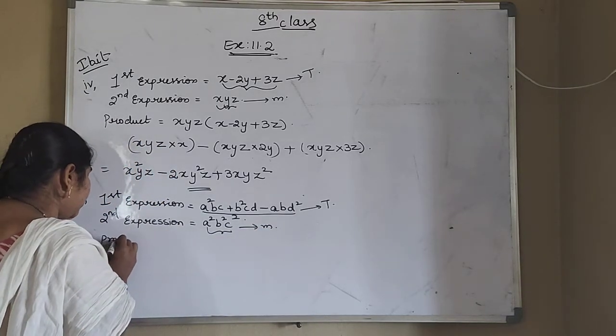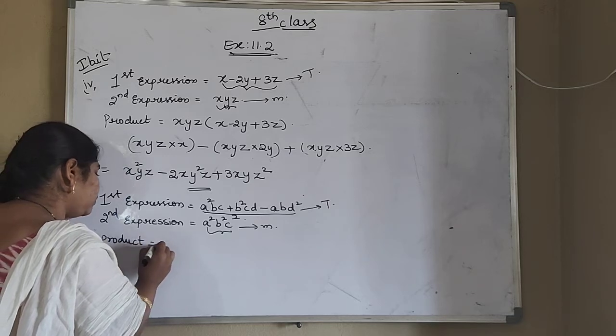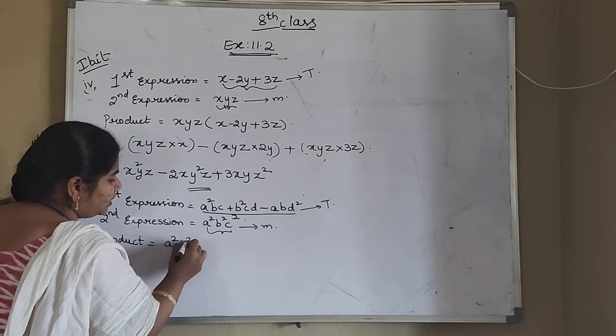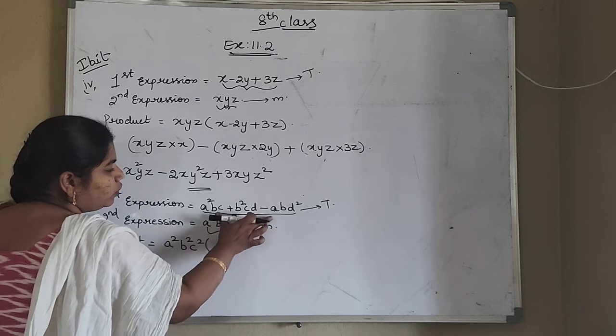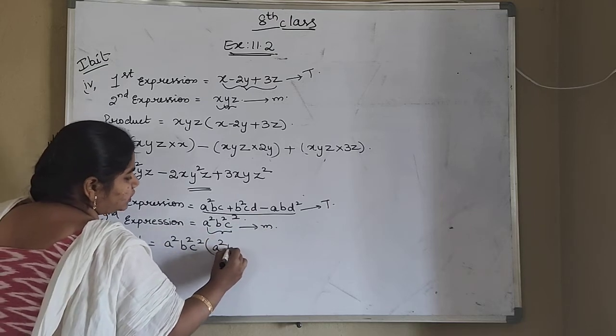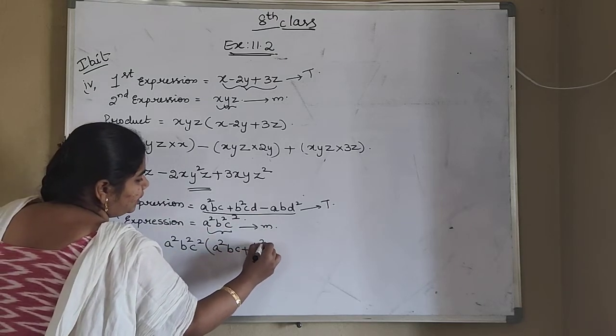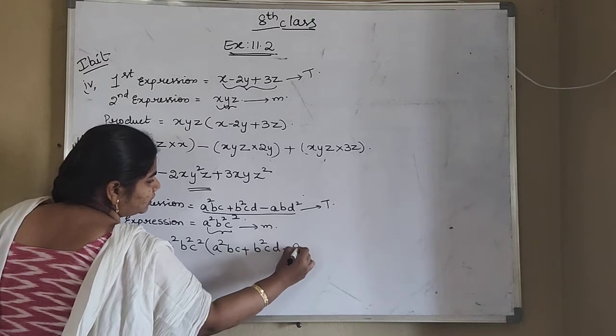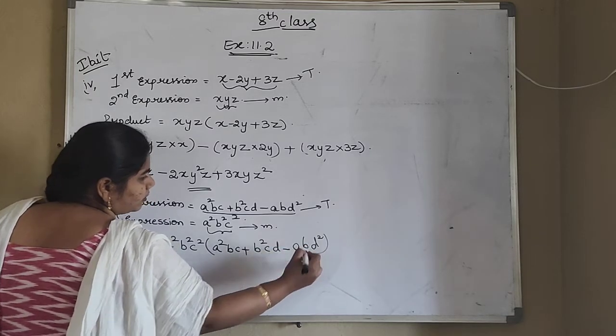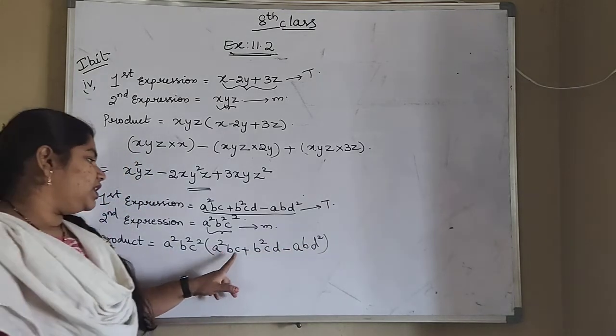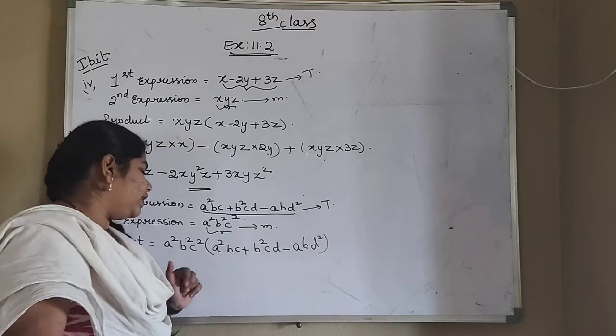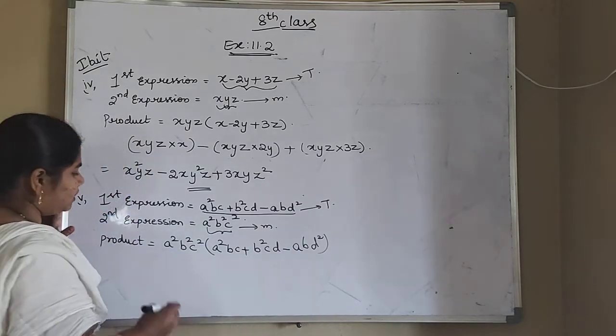So the product is a square b square c square into, write this whole term, a square bc plus b square cd minus abd square. Now each and every term should be multiplied with a square b square c square.